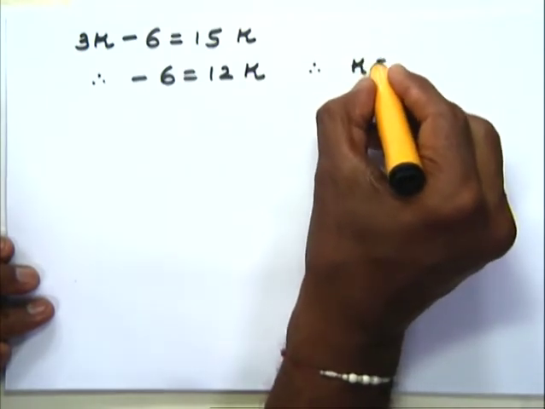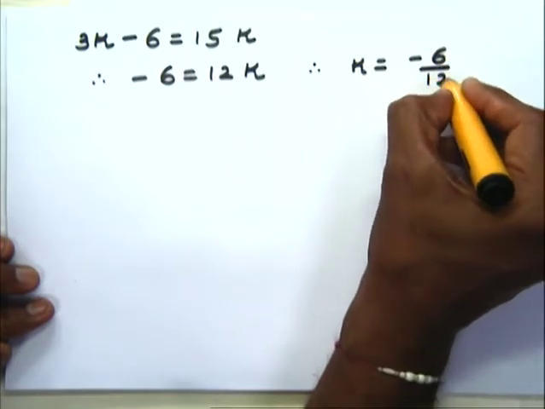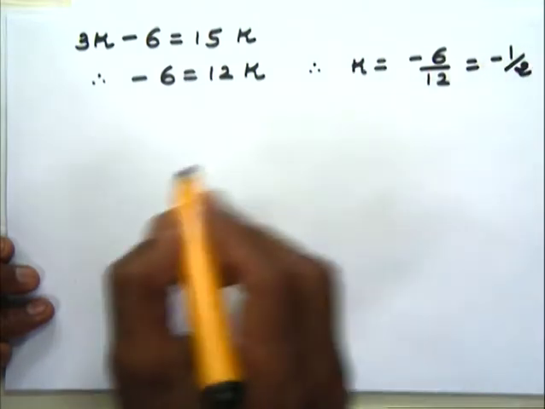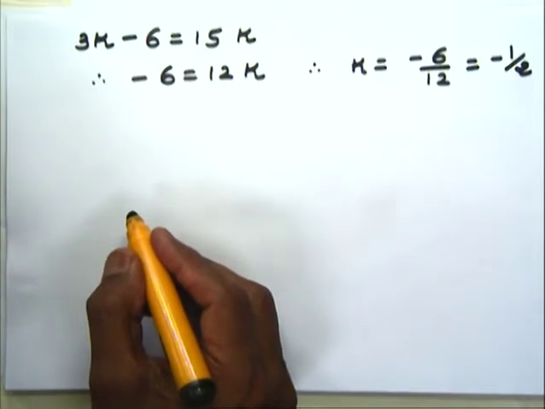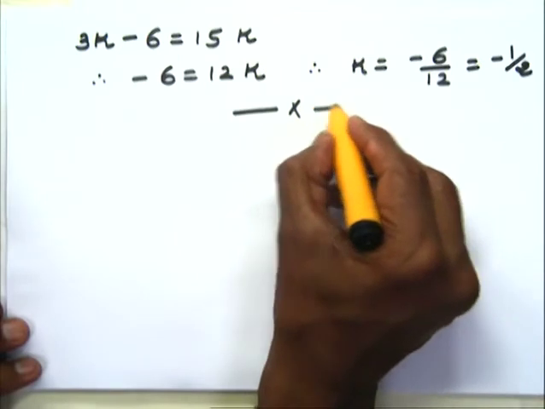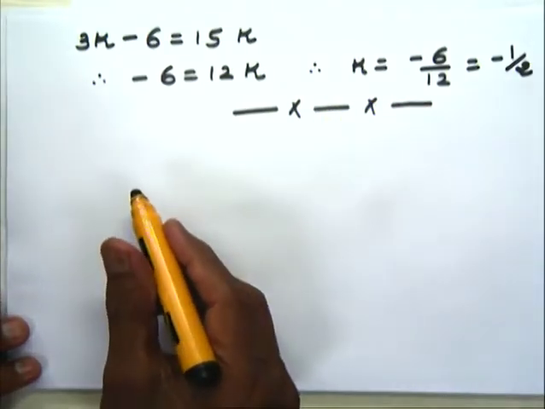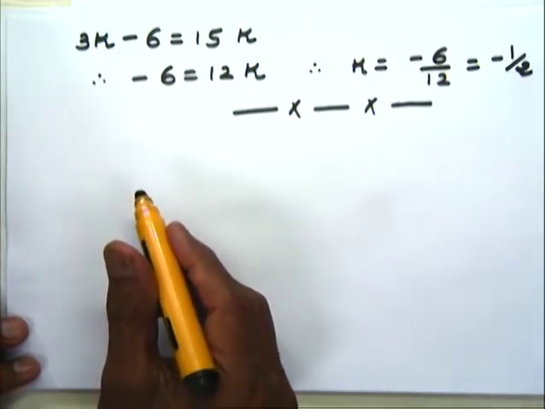So k is equal to minus 6 by 12 as a result. So that was the value of k, provided the x-intercept of the line is 15.